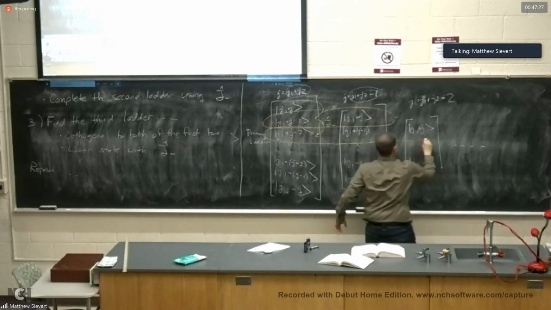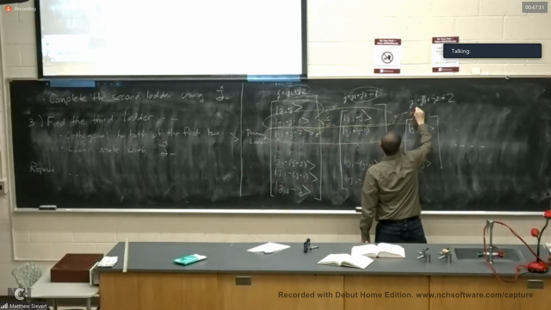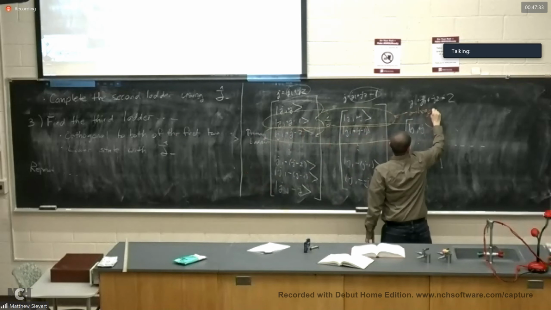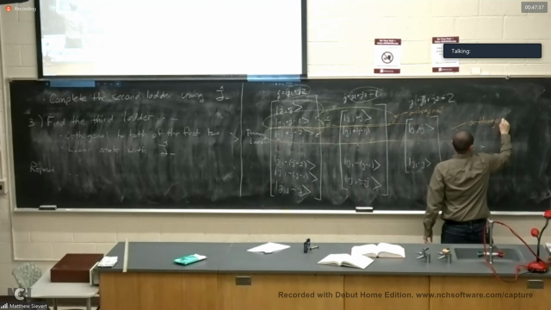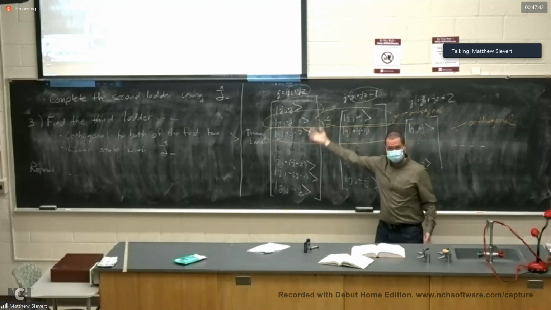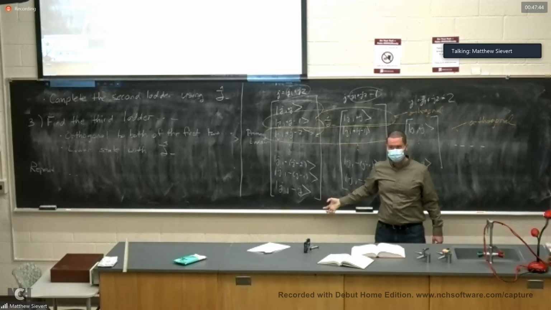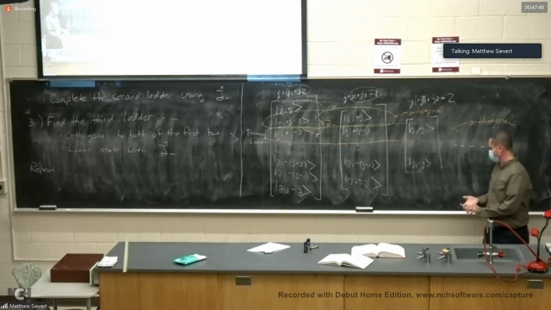All of these combinations must be orthogonal. And in this way, starting with the biggest ladder and then exhaustively pulling out all of the states, you fill out all possible representations of the angular momentum.